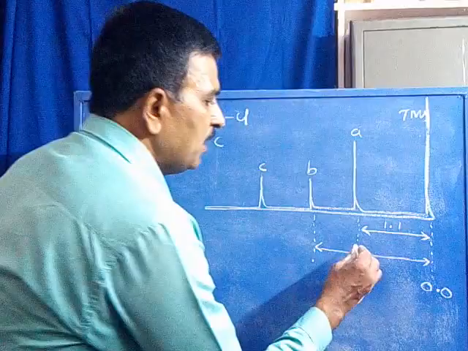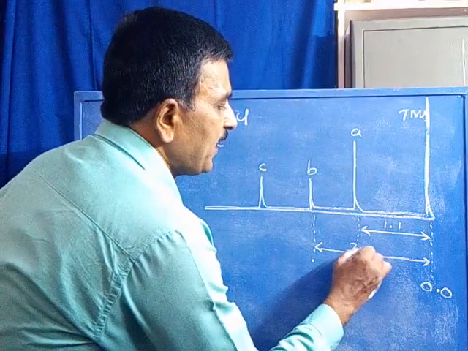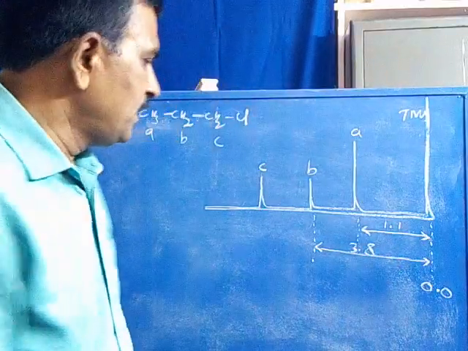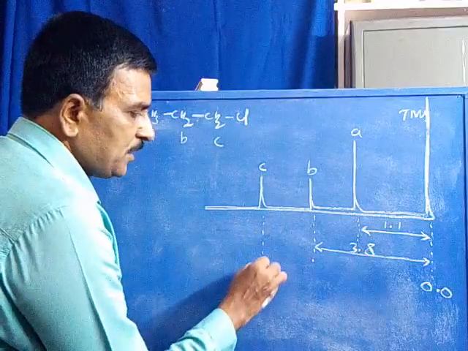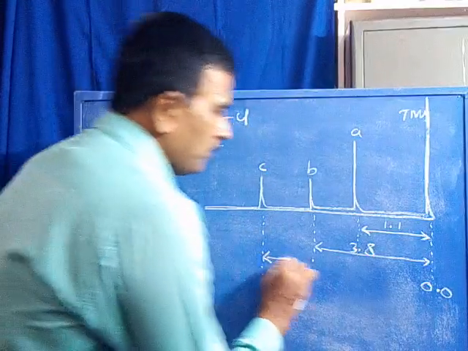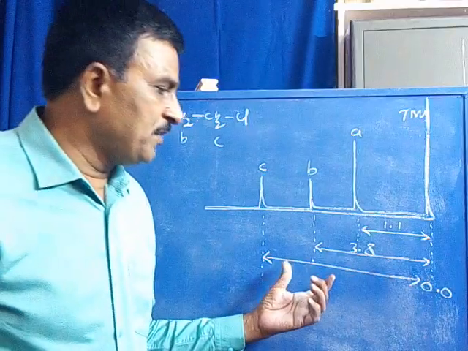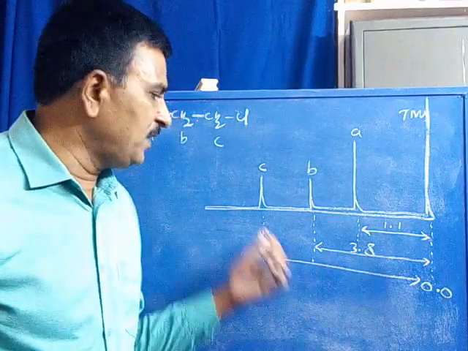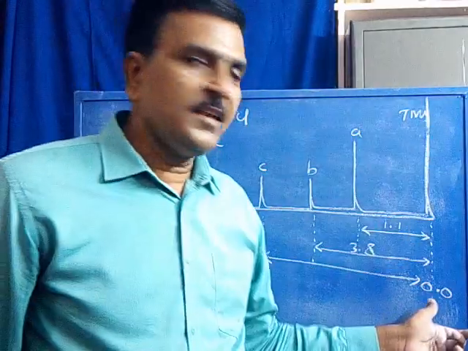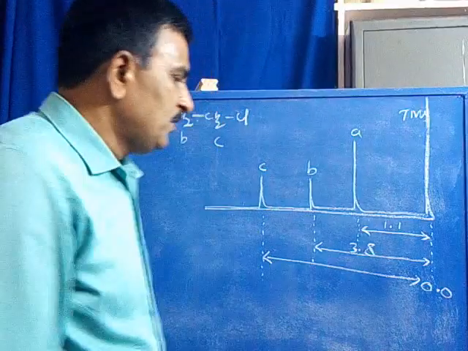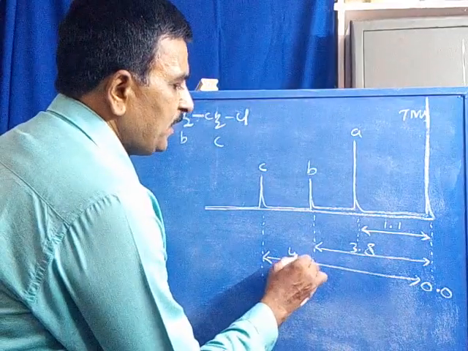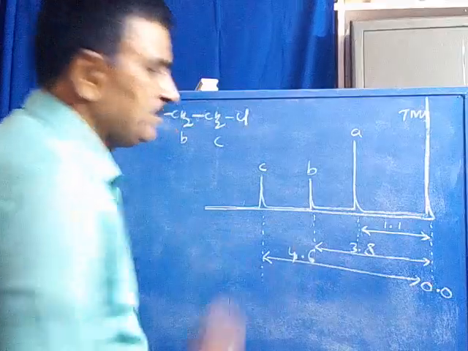Say, for example, we may get 3.8. Similarly, to get the absorption frequency for the third set of protons, again we have to measure the difference in the frequency of the C proton to that of the TMS proton. Say, for example, we may get 4.6.